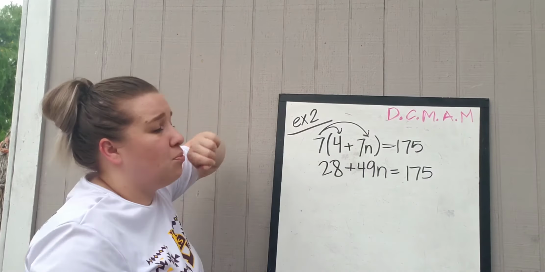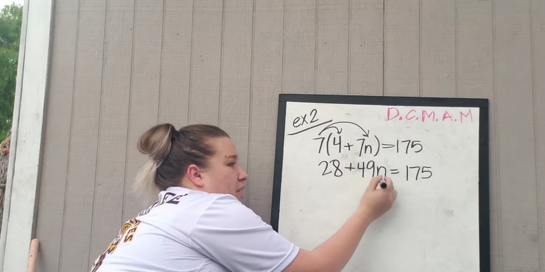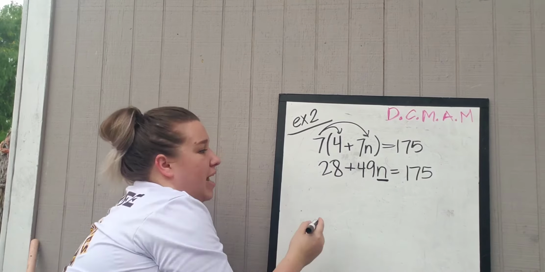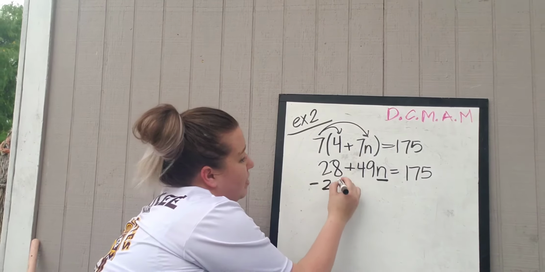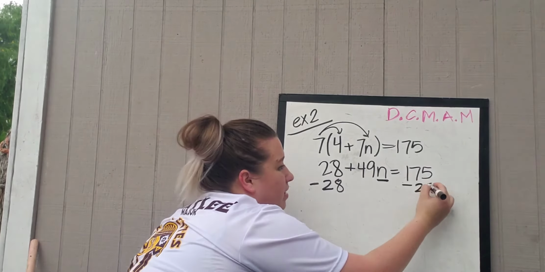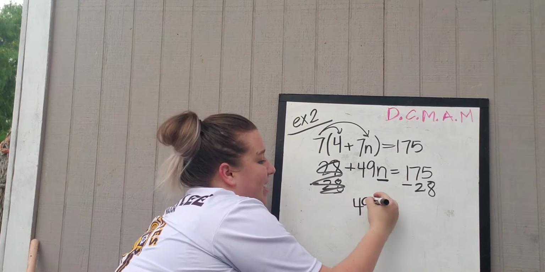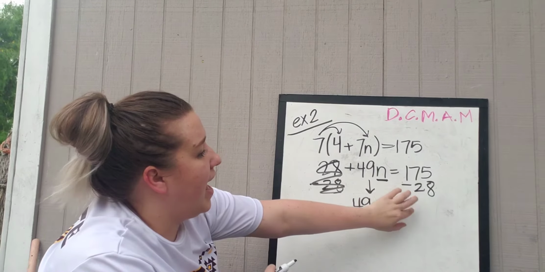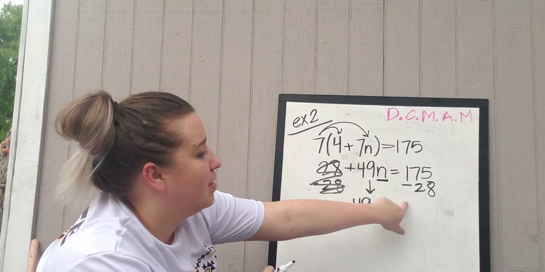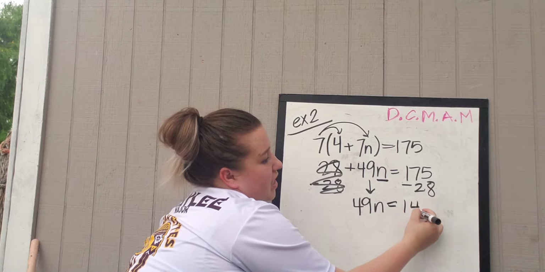We do not have to combine. We do not have to move variables, so we're on add or subtract. What we're going to add or subtract is this 28. It's a positive, so we have to subtract 28 to make it go away. We have 49n and drop down. And over here we're going to have 147.